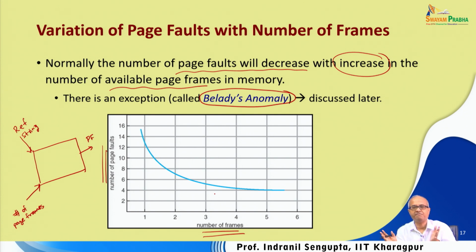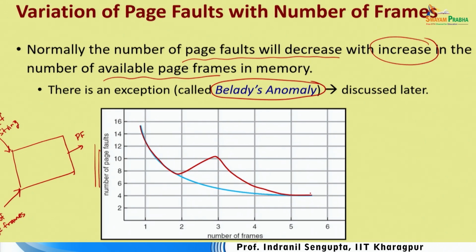You have given all the frames it requires. But in reality, due to Belady's anomaly, for some algorithms you may see a behavior like this. It was decreasing, but suddenly it is increasing, then again decreasing. Some behavior like this can also happen. Okay, so this we shall be seeing in our next discussion classes.